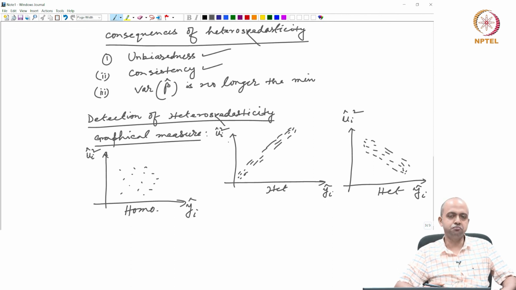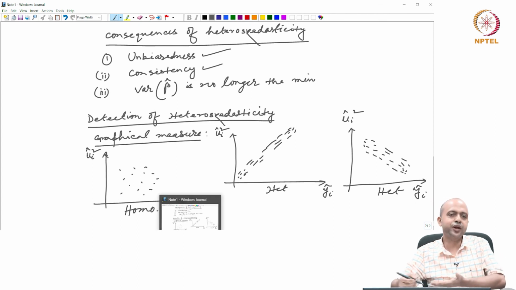Suppose you have 5 explanatory variables in the model and you are not sure which particular variable is showing heteroscedasticity. So, what do you have to do? You have to plot this ui hat square against each and every explanatory variable. To solve that problem, econometricians suggest, instead of plotting ui hat square on individual explanatory variables, you plot ui hat square against yi hat.